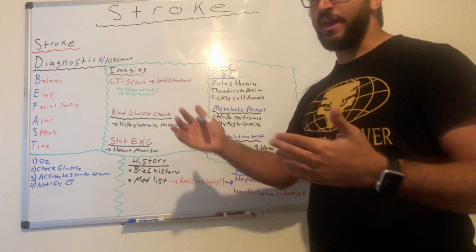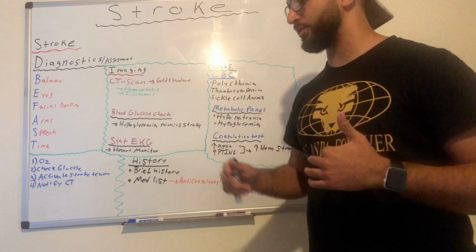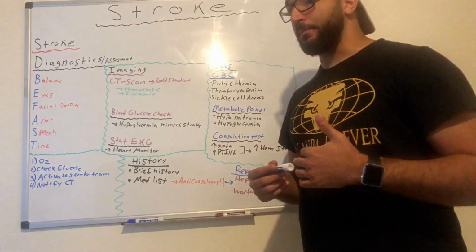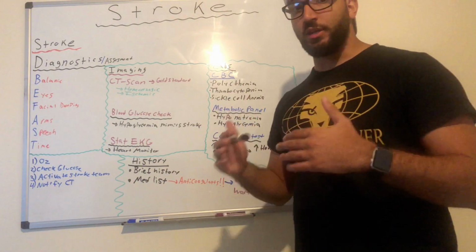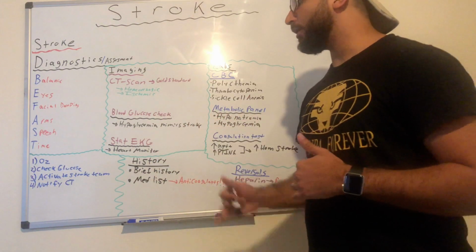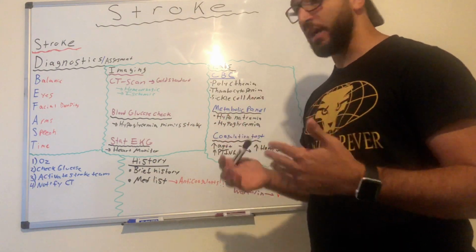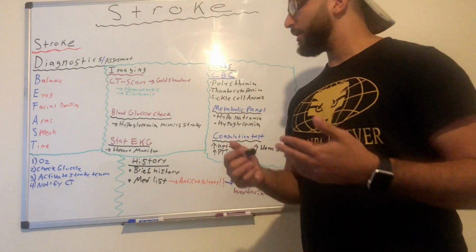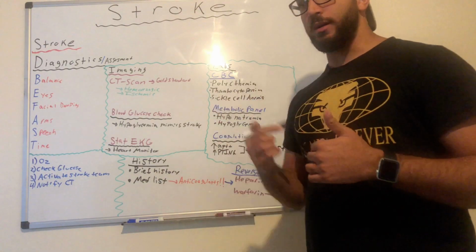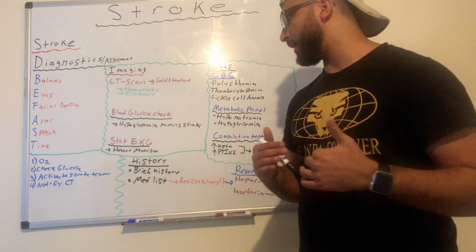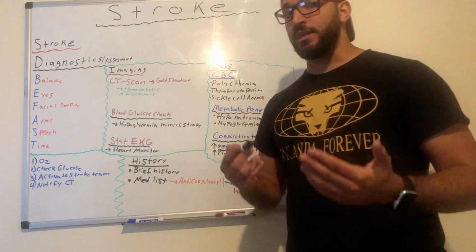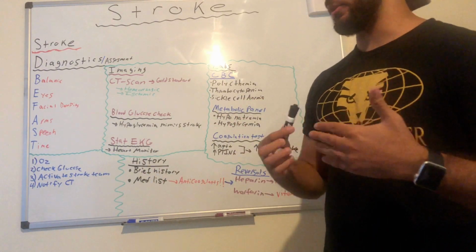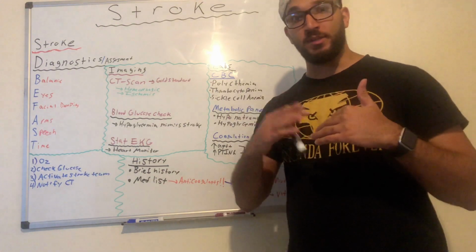And based off that, our nursing interventions are going to be adjusted accordingly. Also, we want to do a blood glucose check. Like I mentioned, hypoglycemia is going to mimic a stroke, so it's important to rule that out. Also, we want to get a stat EKG. We want to know how their cardiac function is, what the rhythm of their heart is.